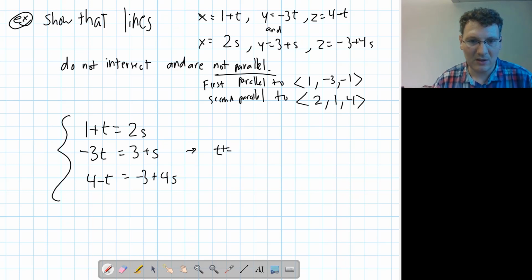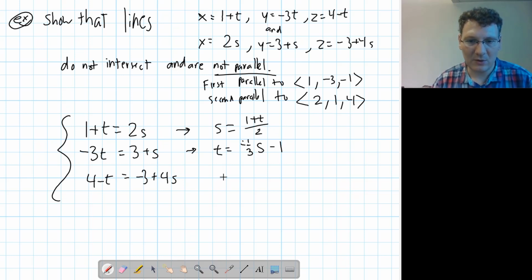And so in looking at this, the first thing we can find is that t must be equal to, divide both sides by negative 3, minus 1/3 s minus 1. And if we were to plug this in, let's take the other two equations and solve them for s. The first one, s equals 1 plus t over 2.